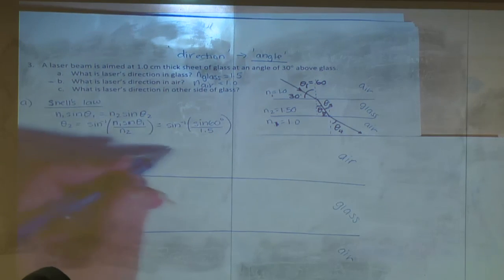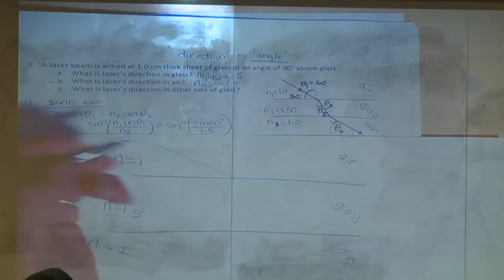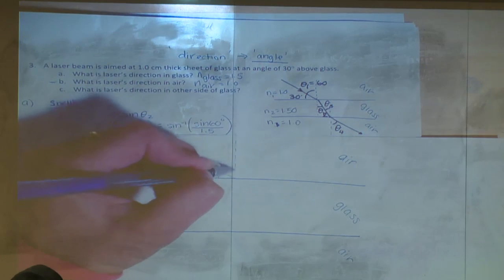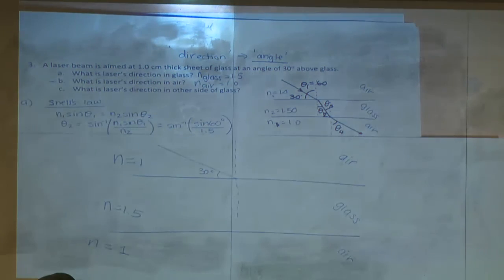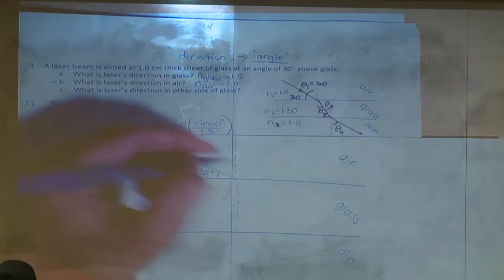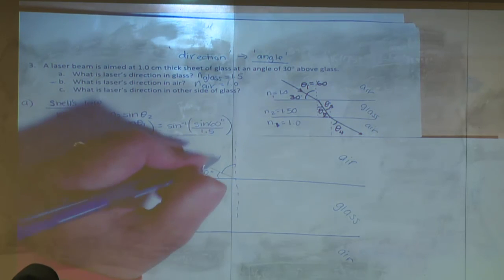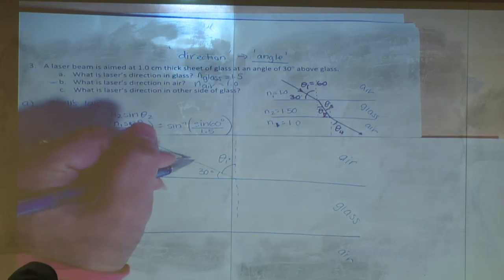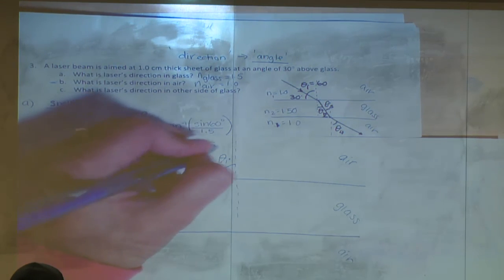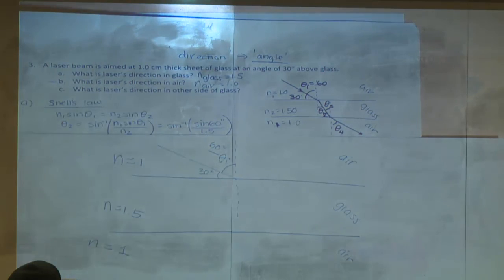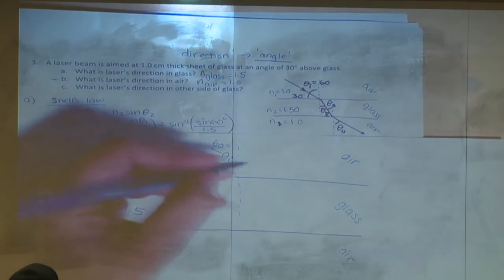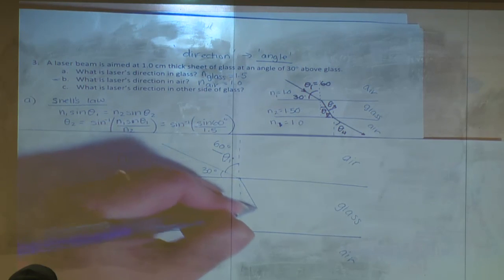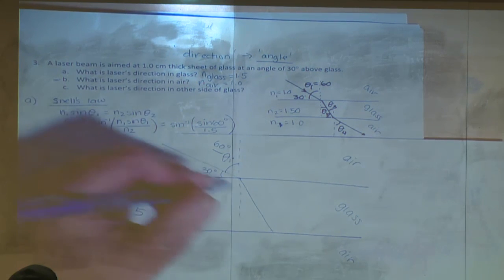So we know that the light hits this at a 30-degree angle. I draw my normal right away. And then we always look for the angle that is attached to the normal, right? Since this is 30, this is going to be 60. That's the angle we're looking for. Now, it's going to be refracted, but it's going to be closer to the normal, right?